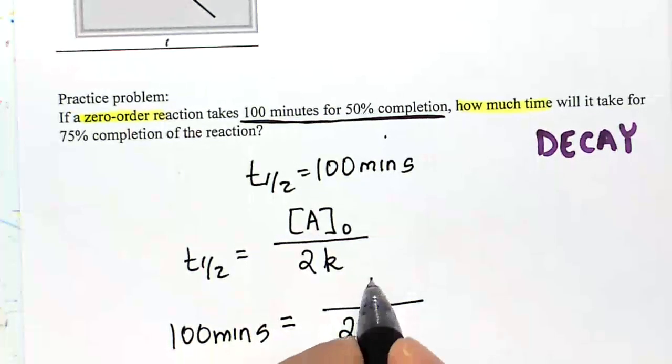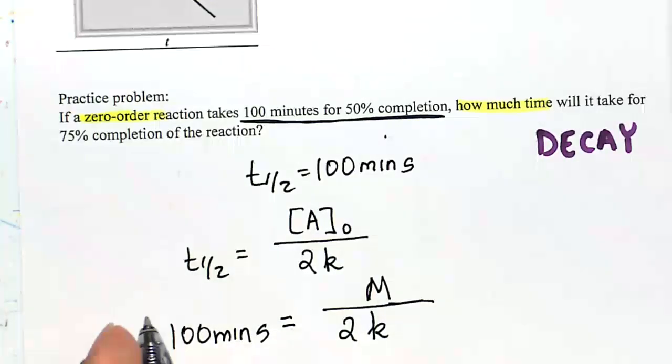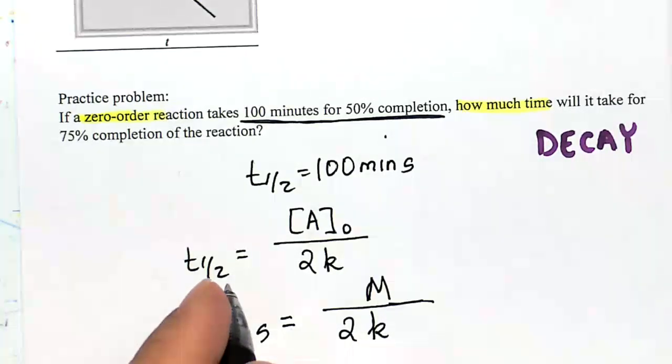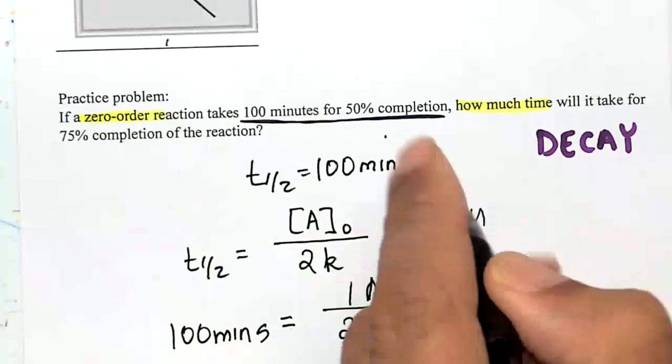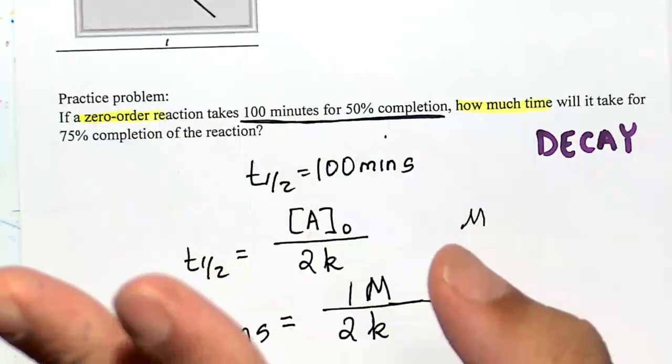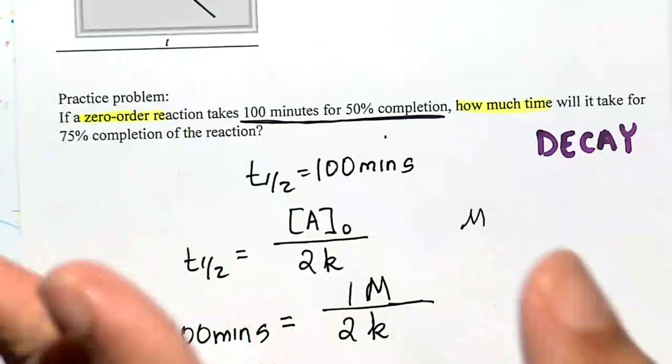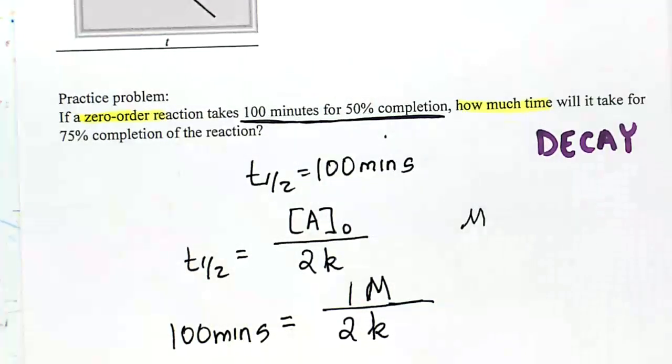It's A naught over 2K. I'm going to make my initial concentration 1 molar. You can make it anything, but 1 is an easy number. I could make your test 150%, but that's too much math. With 100%, everyone is either 75%, 60%, or 50%.